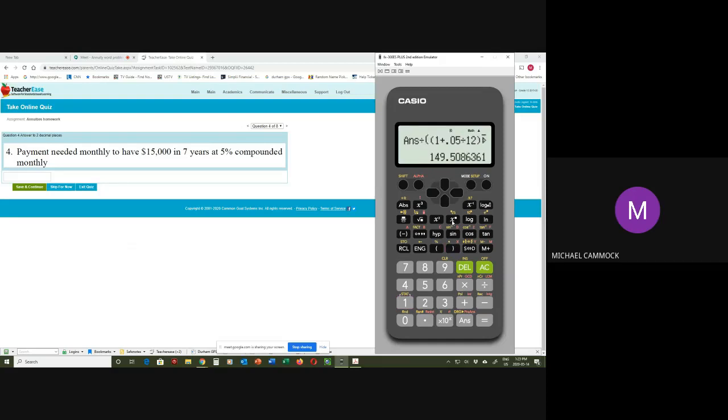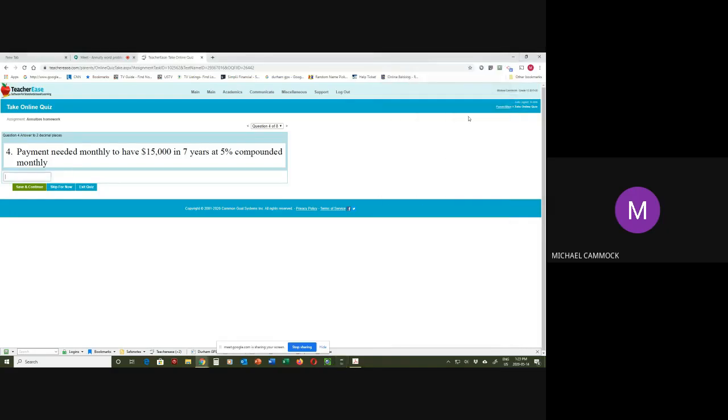So 149.51 is that answer. Now, I know I'm going to have some trouble getting back to this screen, so I'm going to close this up and try to remember that number, 149.51. Okay. Oh, there we go. 149, I need my dollar sign. $149.51. All right. I'm going to exit the quiz.